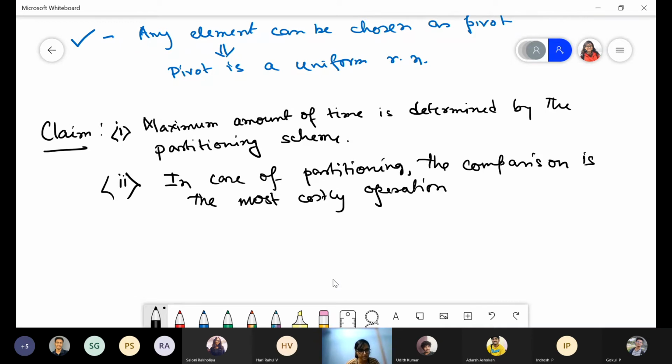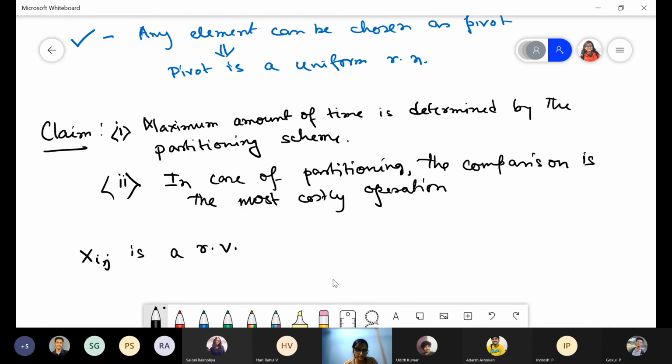Now say xij is a random variable that represents whether these elements i and j are compared.